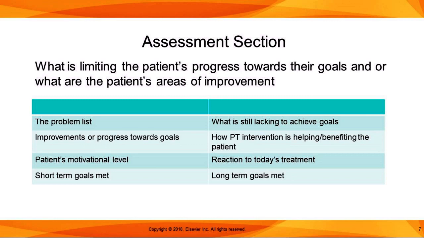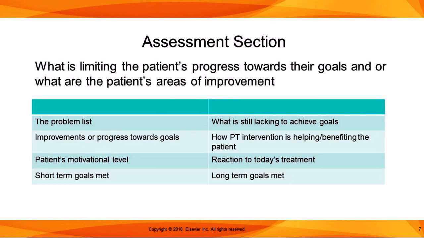The patient's motivational level could definitely affect their progress. It might be limiting their progress toward their goals, or it might be helping it, hopefully, if they have good motivational level. You want to say if they've met either short-term or long-term goals. Like you can say, patient met short-term goal of increasing shoulder range of motion by 10 degrees. Yay. So you're showing that, yes, what we're doing is meeting goals.